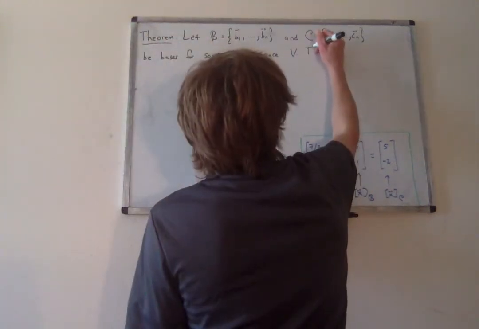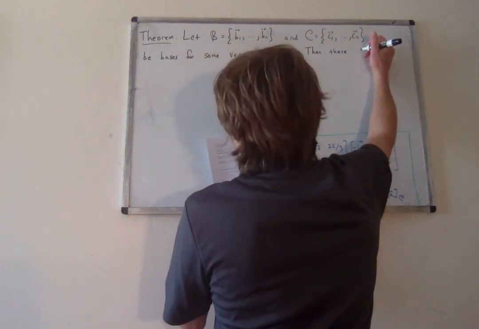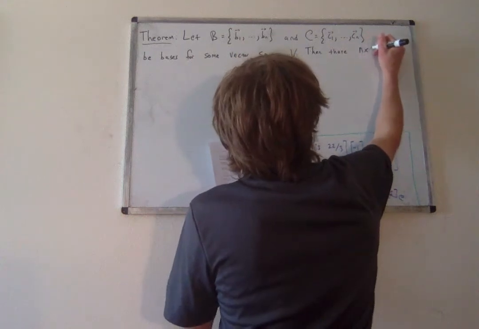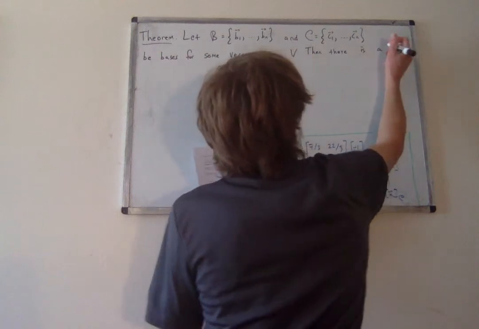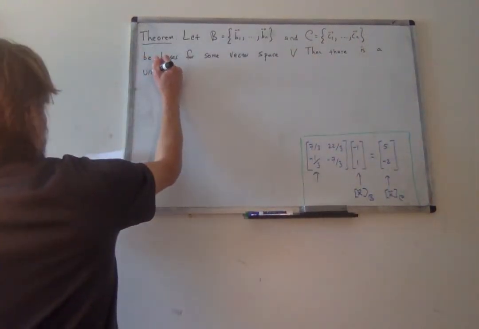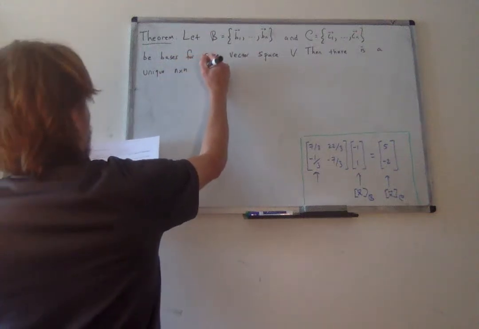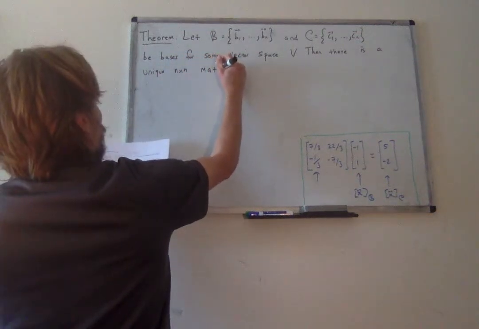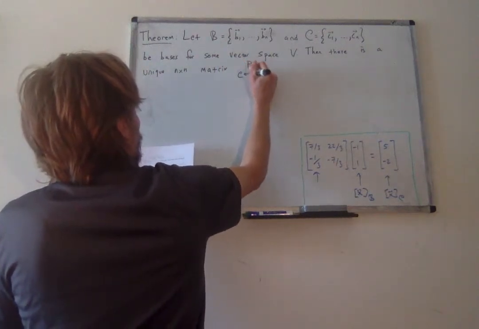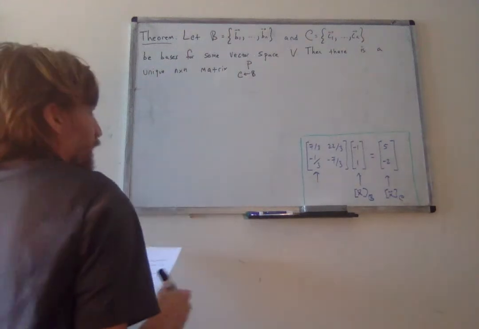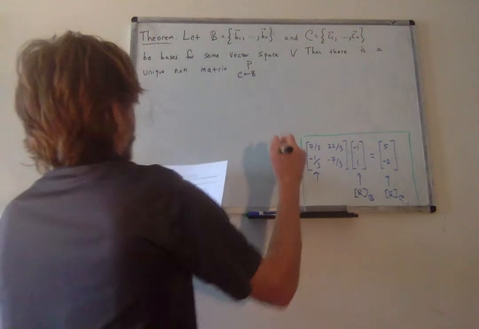So then we know, and this matrix is the change of coordinates matrix, which I'll define after the theorem, there is a unique n by n matrix, which we will denote P sub B left arrow C. It's great notation.